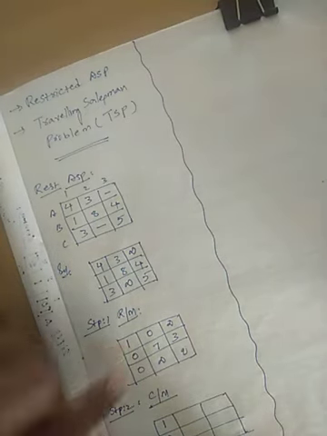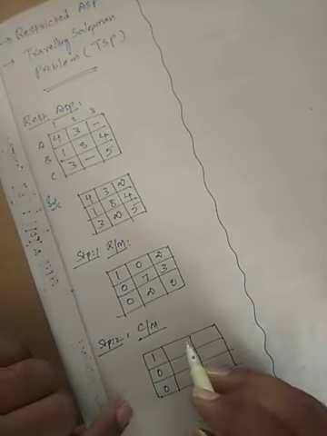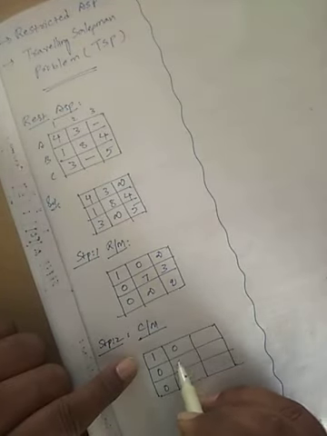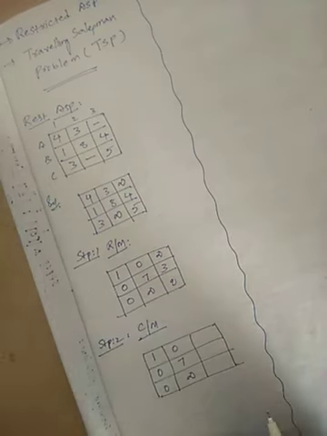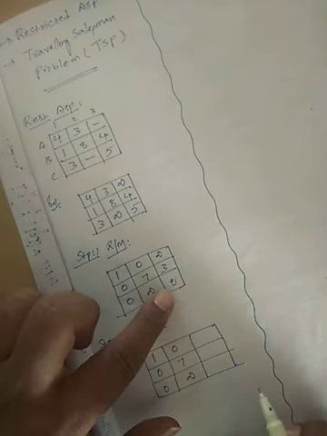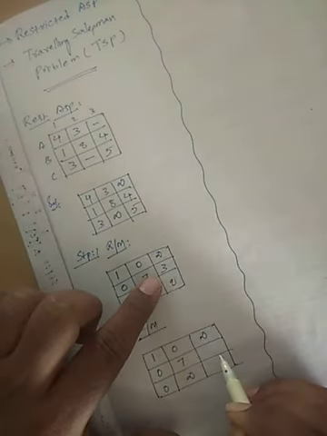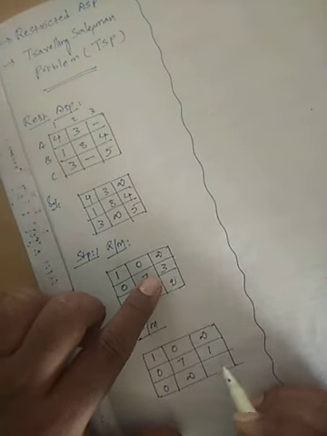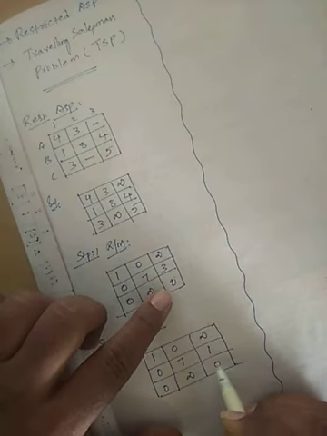The second column also has a 0, so I am replacing those values as it is: 0, 7, infinity. But in the third column we got all numbers, hence the minimum is 2. So infinity minus 2 you get infinity, 3 minus 2 is 1, 2 minus 2 is 0.